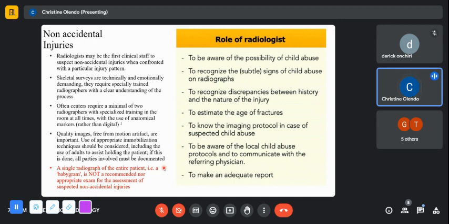So the role of a radiologist when confronted with a patient with physical abuse is to be aware of the possibility of child abuse, to recognize the subtle signs on radiograph, to recognize the discrepancies between the history and nature of the injury, to estimate the age of the fractures, to know the imaging protocol in case of suspected child abuse, to be aware of the local child abuse protocols, to have proper communication with the referring physician or pediatrician, and to make an adequate report of your findings as well.